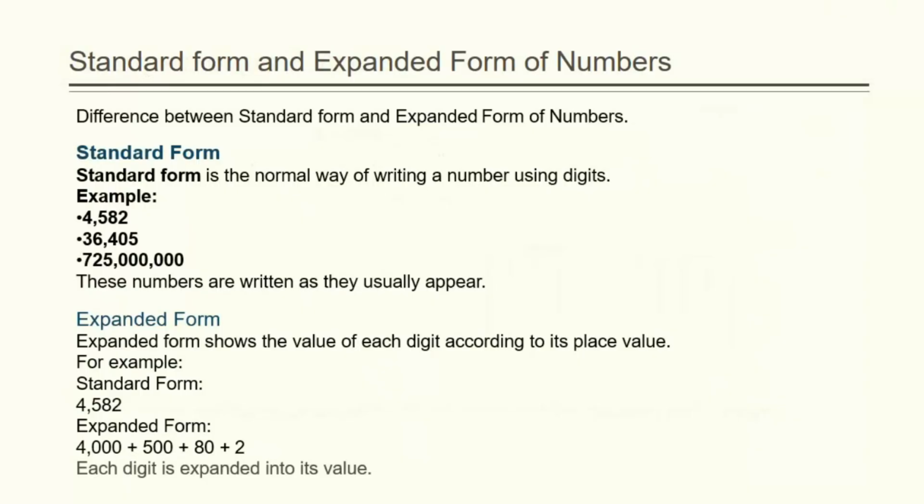So, for example, if we take 4,582 in the expanded form, what we mean is 4,000, because the 4 is in the thousands column of the place value chart, plus 500, because 5 is in the hundreds column of the place value chart, plus 80, because 8 is in the tens column of the place value chart, plus 2, because 2 is in the ones column.